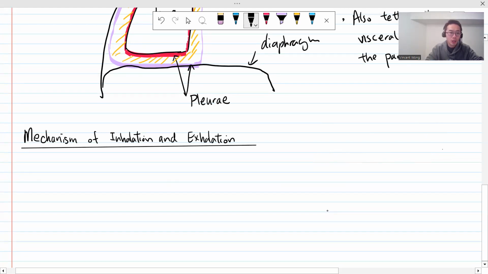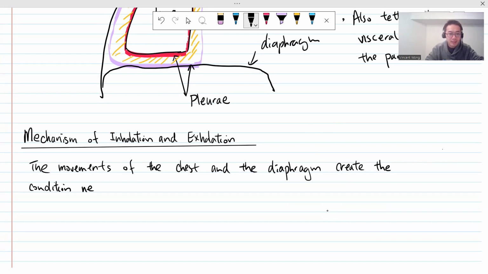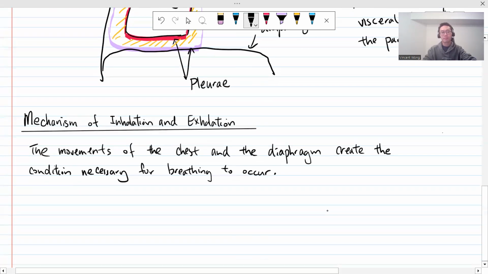The movement of the chest and the diaphragm create the condition necessary for breathing to occur. Shocking.